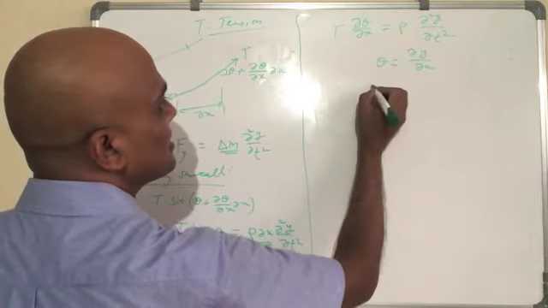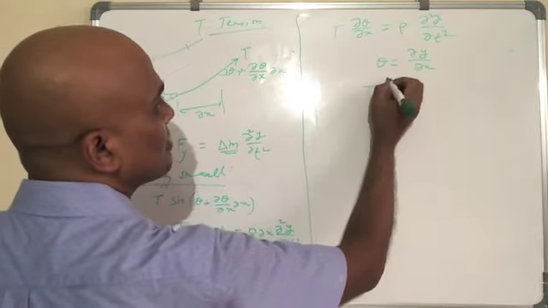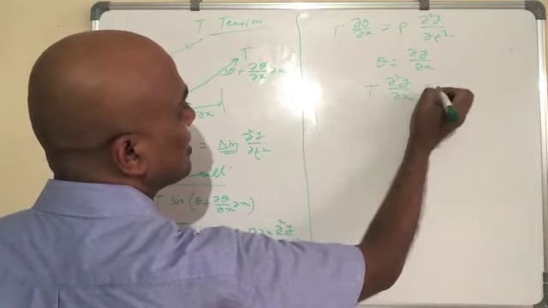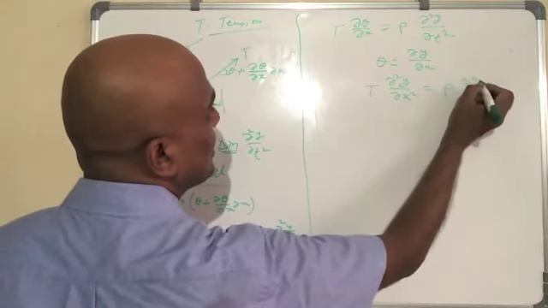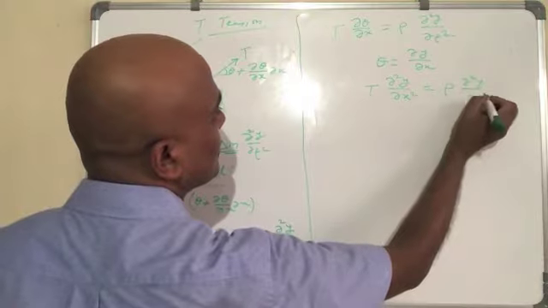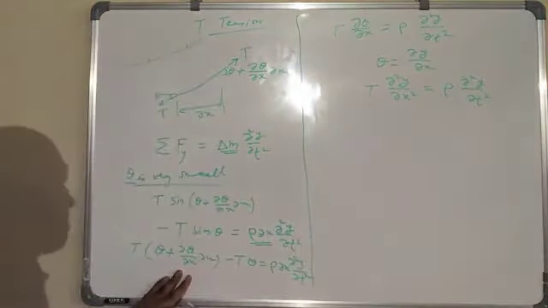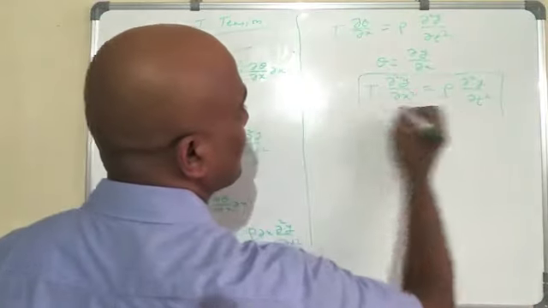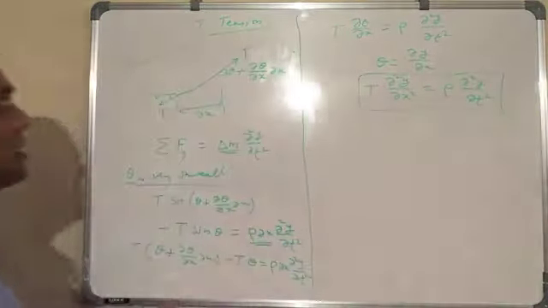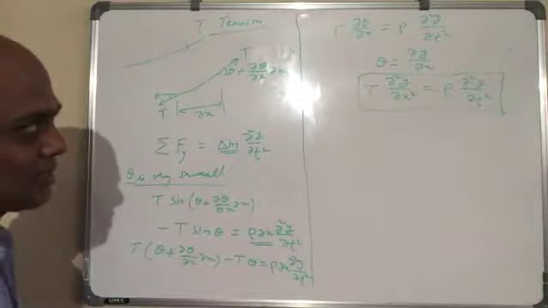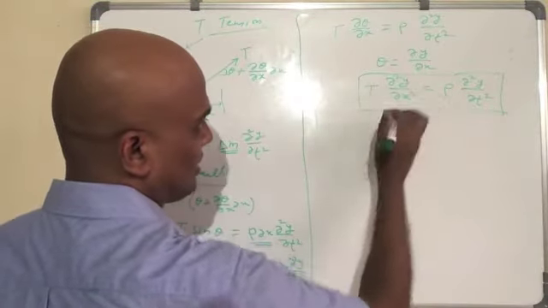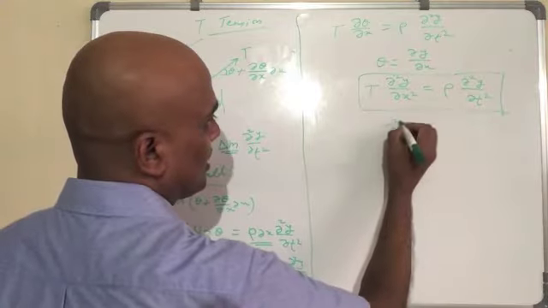So what you get is T times del square y over del x square equal to rho del square y over del t square. This is the equation which is followed by strings under tension.